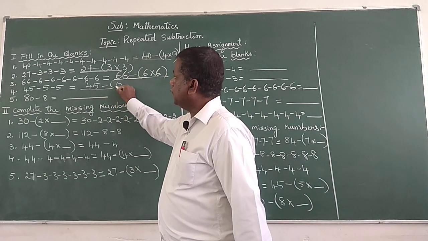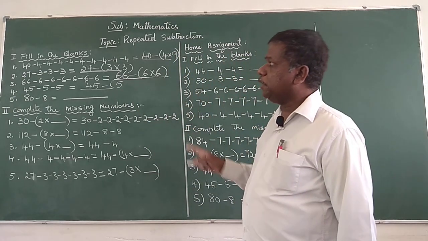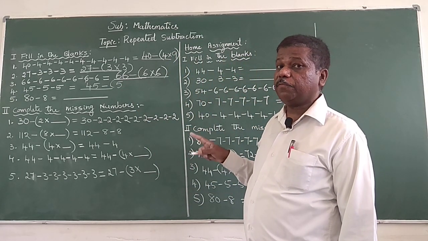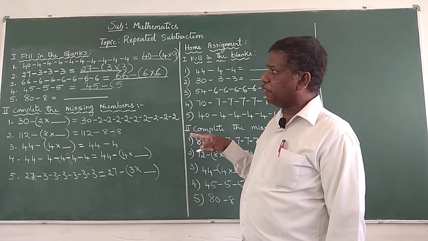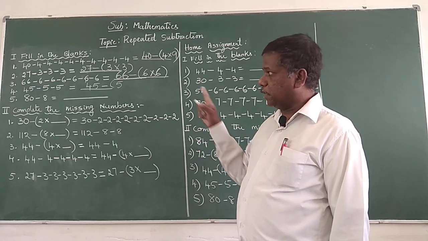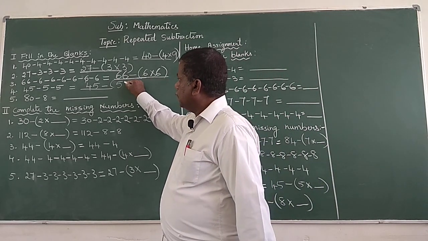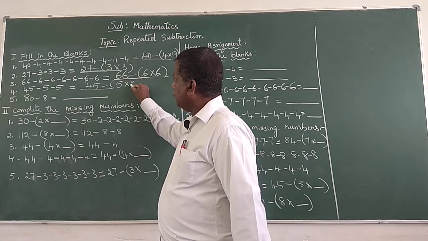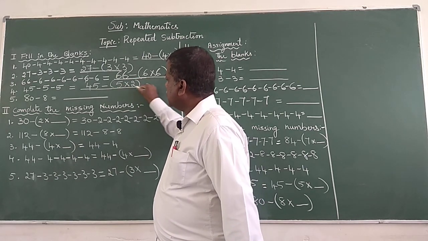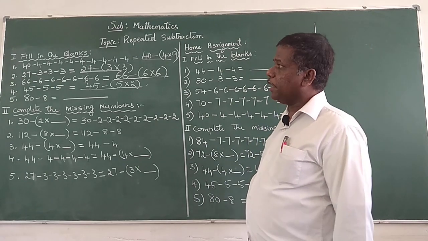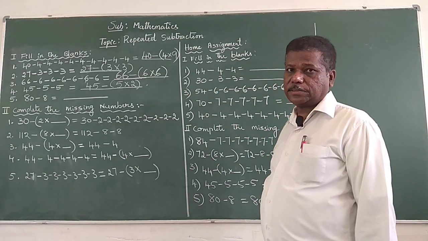So 5 is written, and then you have to count how many number of times 5 is repeated. Exactly 2 times. So put multiply sign and 2. This is the expression which is the answer for this fill in the blanks.